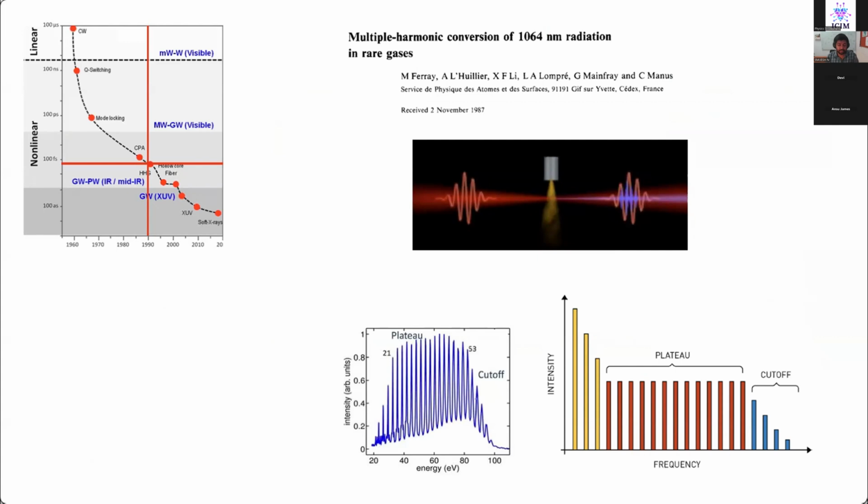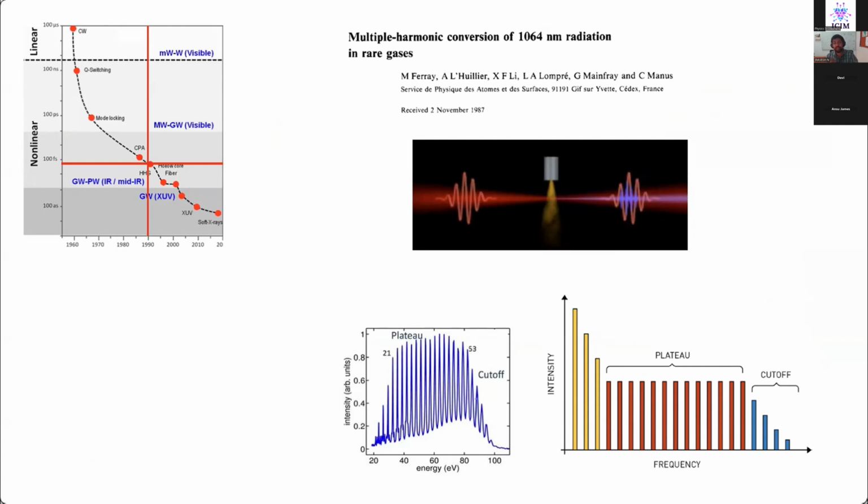But the spectrometer here has a range of 20 eV to 100 eV. When I say 100 eV, you should also understand that roughly 800 nanometer is 1.5 eV.